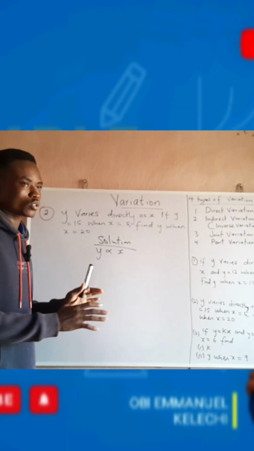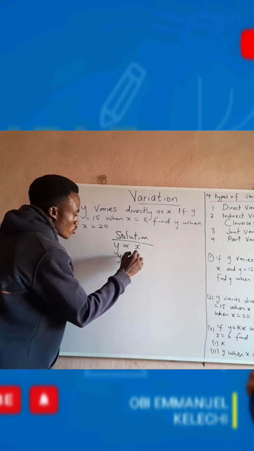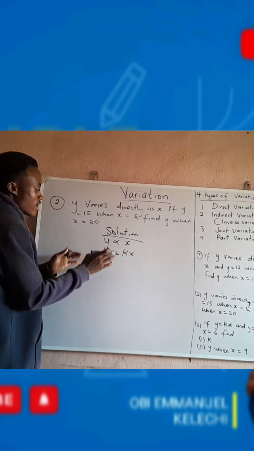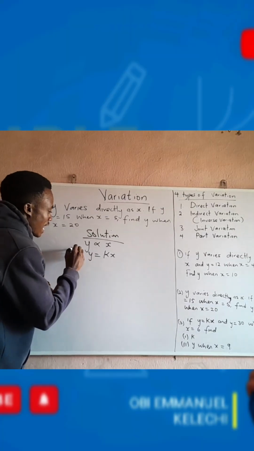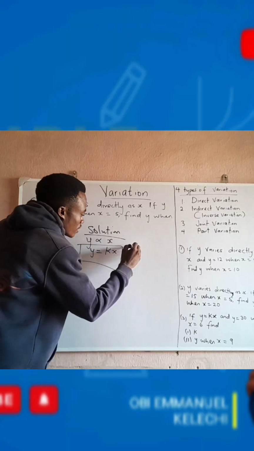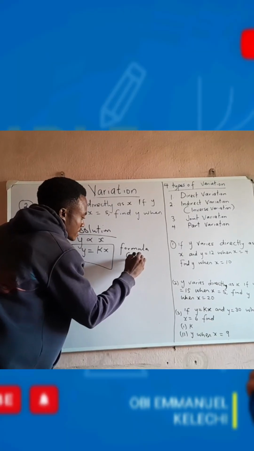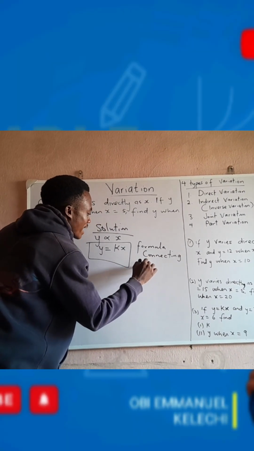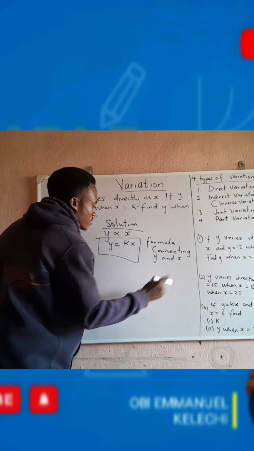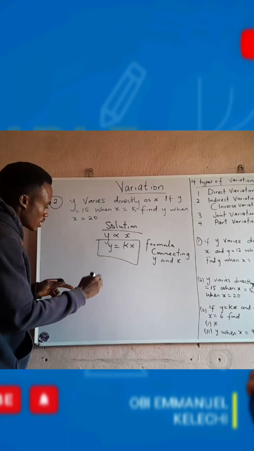For direct variation, you must always find your constant. So y is equal to kx. k is the constant, and this is also the formula connecting y and x. So I'm going to make k the subject of the formula again.